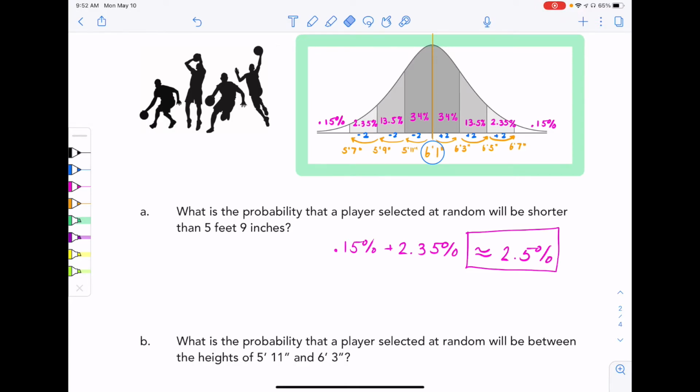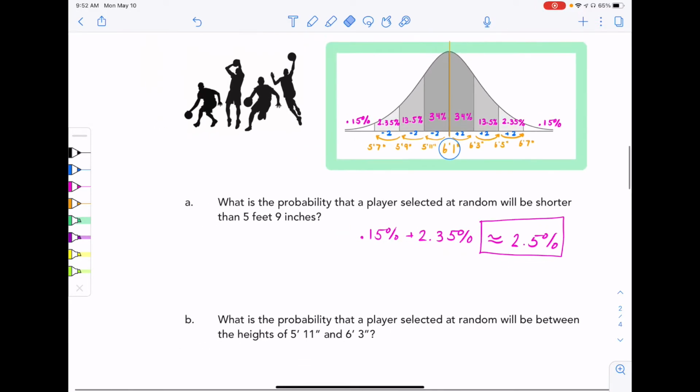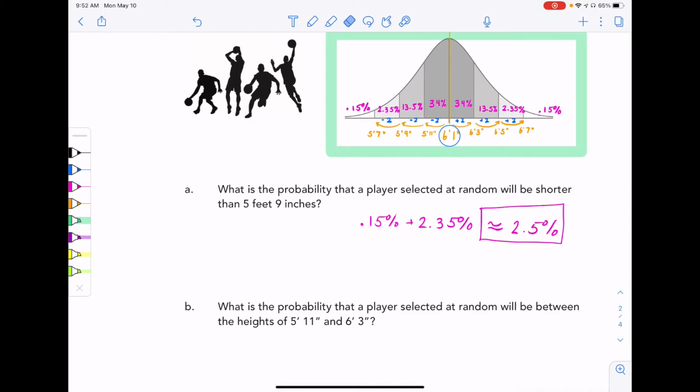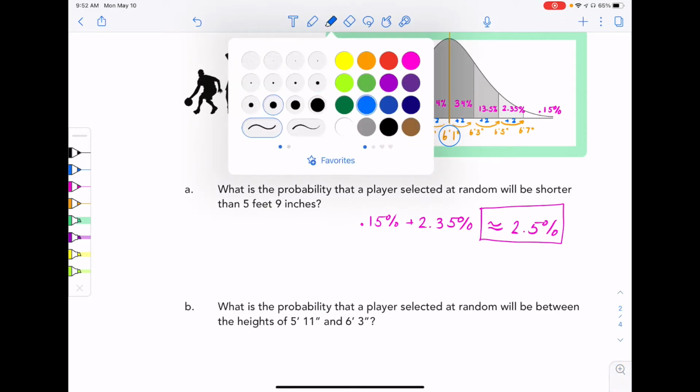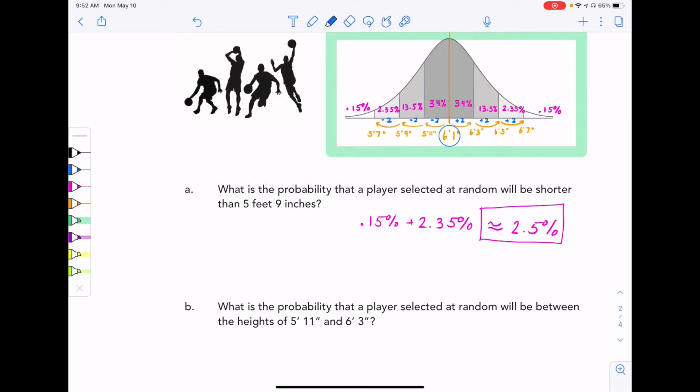So you're going to do something similar to all of these. For example, part B says, what is the probability that a player selected at random will be between 5'11" and 6'3"? So 5'11" is going to be here. We want everything up to 6'3".